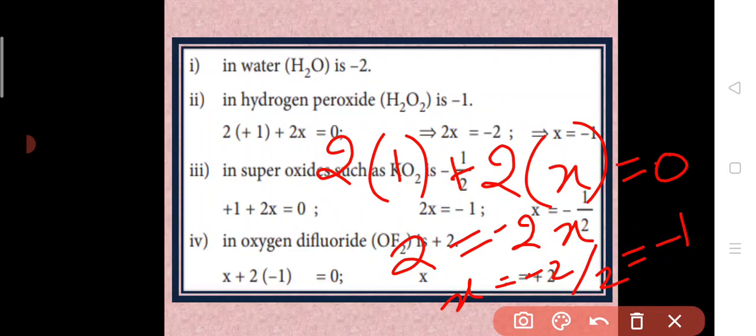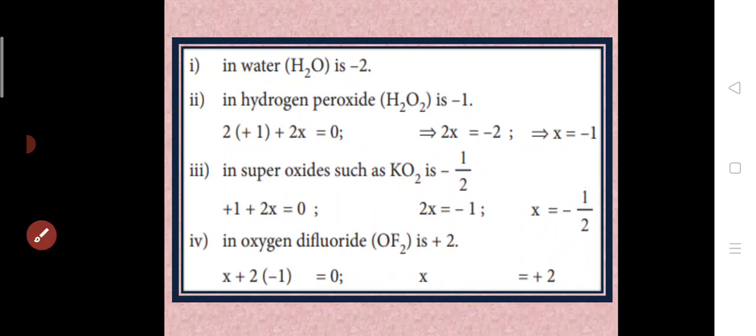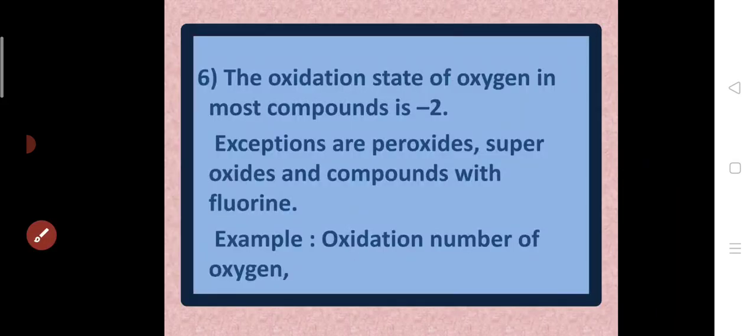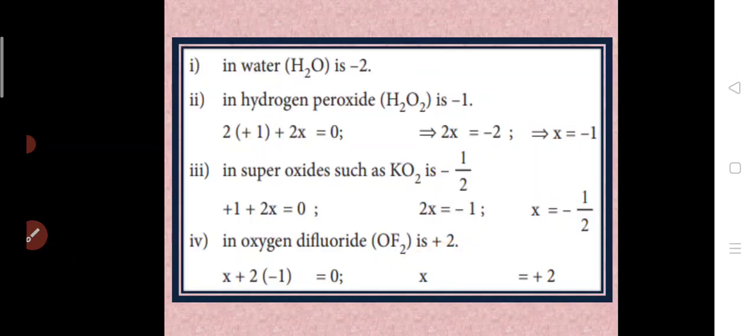So oxygen normally has the oxidation number -2. When it comes in the form of peroxide, the answer is -1, which means the oxidation number of oxygen in peroxide is -1. Same way, in superoxide it is -1/2, and in oxygen difluoride OF2 it is +2.